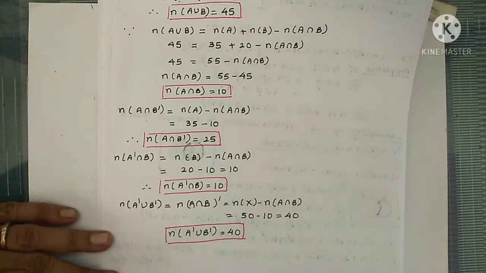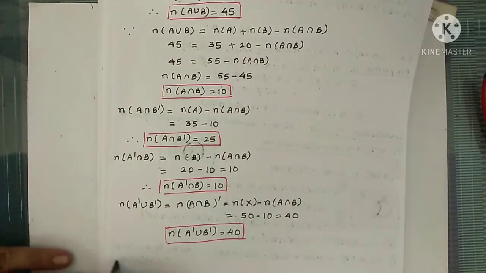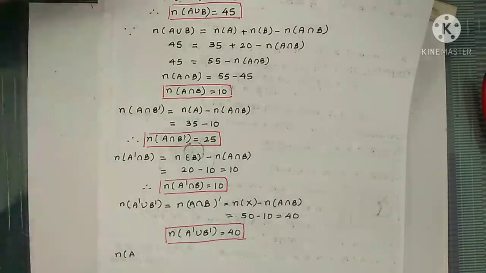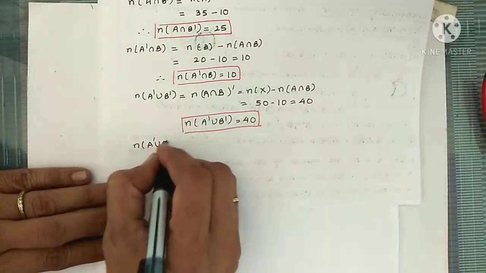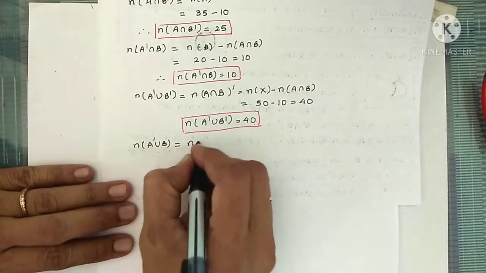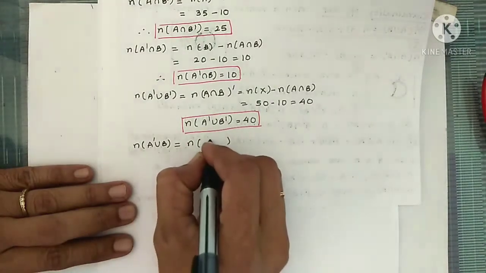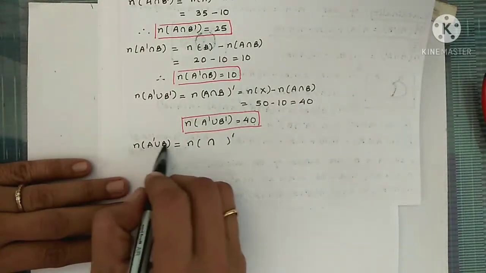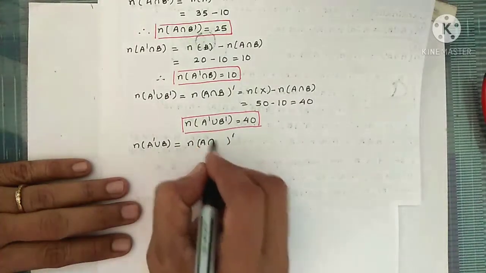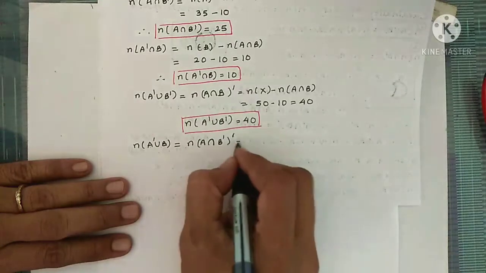Now the next one is n(A' ∪ B). As we have a formula for intersection, we want this to be an intersection. So we have to write complement here and we have to write complement of these two sets. So it is A and this is B'.